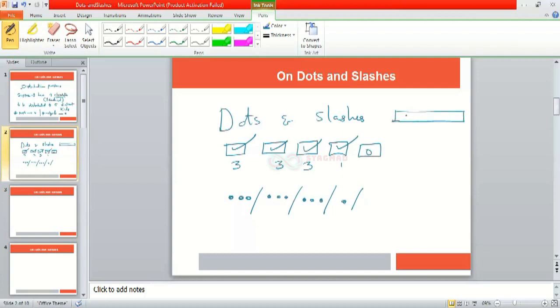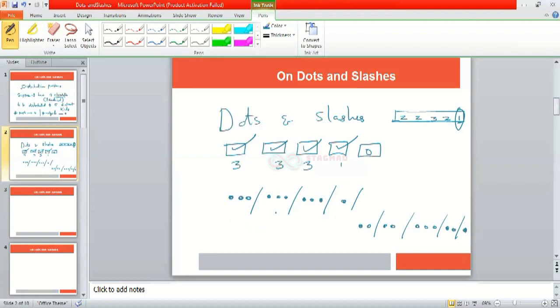Let's say it could be 2, 2, 3, 2, and 1. So this I can represent as 2 dots, a slash, 2 dots, a slash, 3 dots, slash, 2 dots, a slash, 1 dot. Now you see this last person doesn't get followed by a slash. So it's understood that this last is for the last kid. That's why you get 1 less than the number of people.